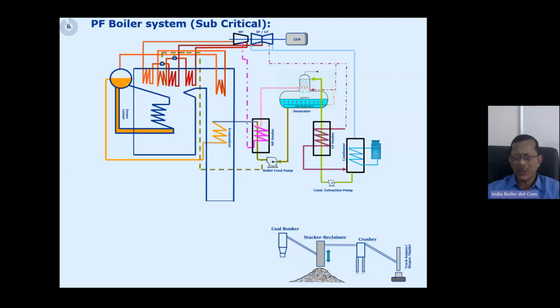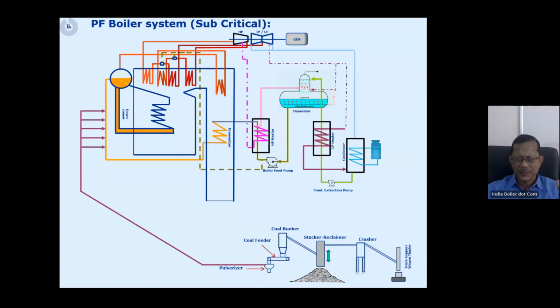From the bunker, to the rotary feeders, and these feeders feed the coal to the pulverizers, which basically pulverize the coal. From the pulverizer, the coal is lifted to various elevations of the burner in the furnace.